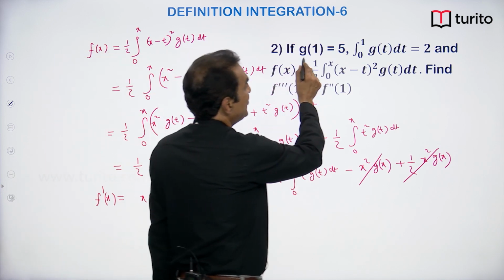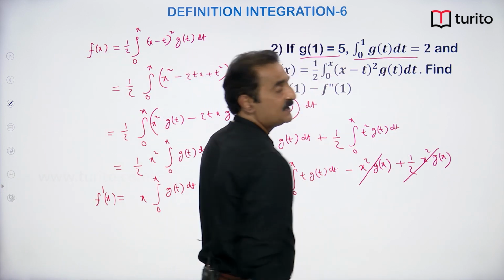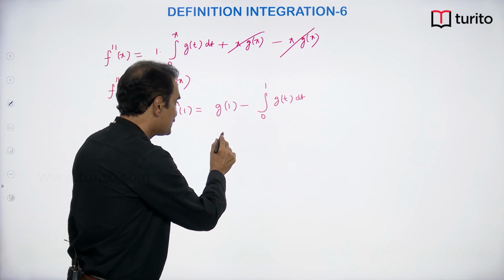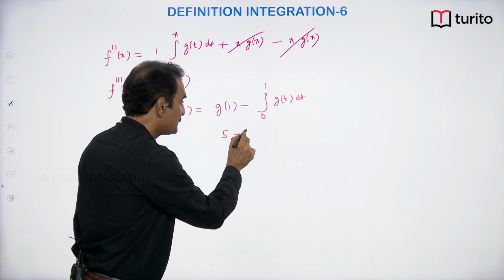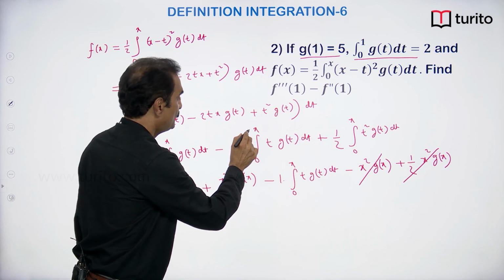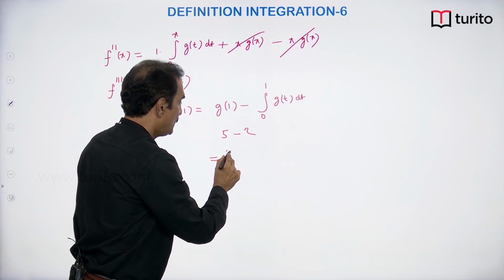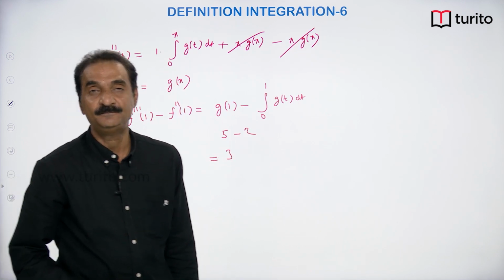Now, g of 1 is given as 5, integral 0 to 1 g of t dt is 2. So, this is 5 minus how much? 2. Answer is 3. Okay.